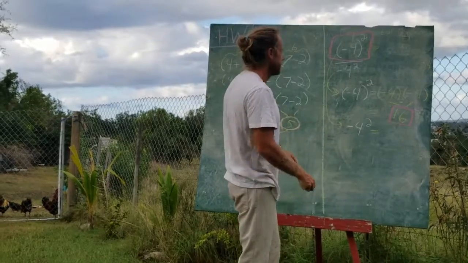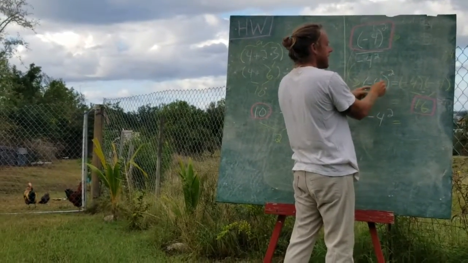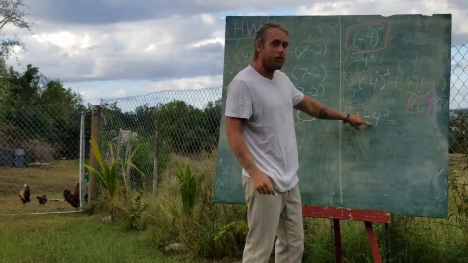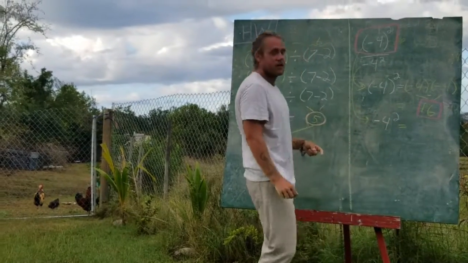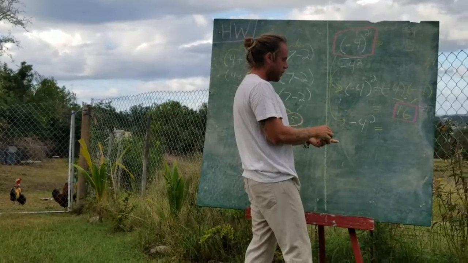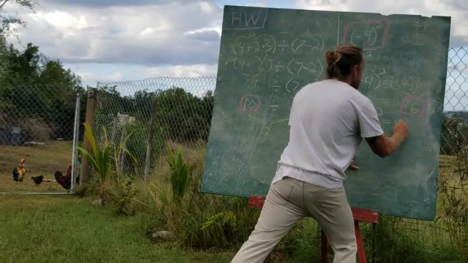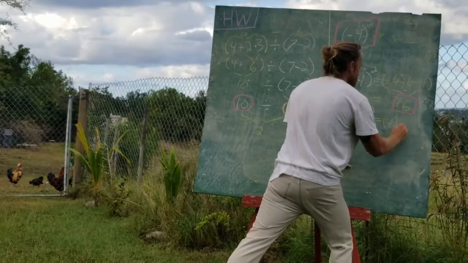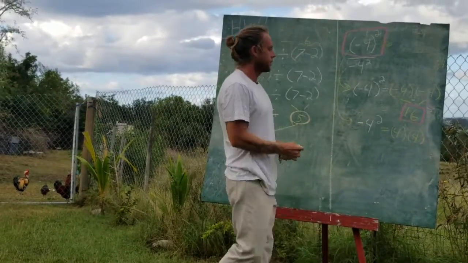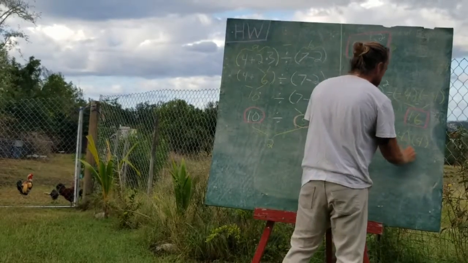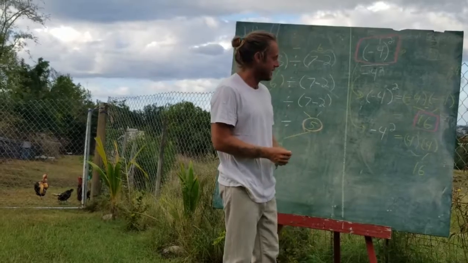Let's read carefully. Here, this negative is contained within the parentheses, so that is our base. Here, our base is what? Just the 4. So when we write this, we have 4 times 4, which is equal to 16.